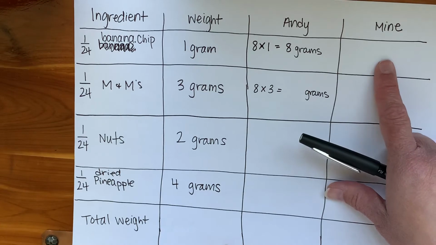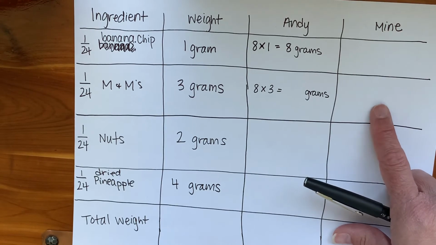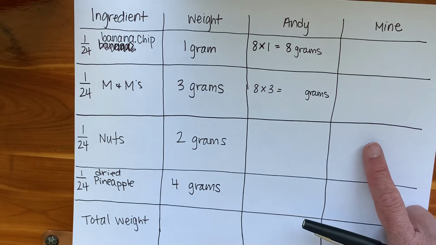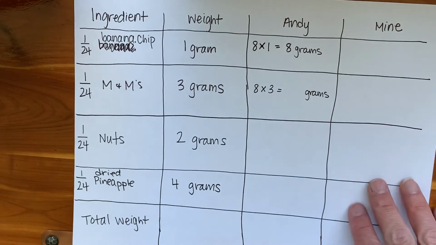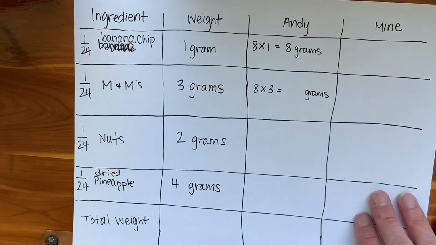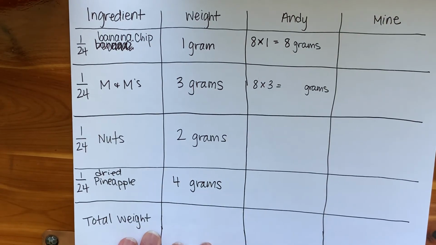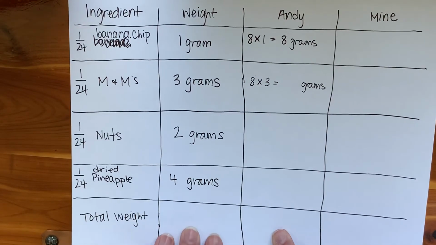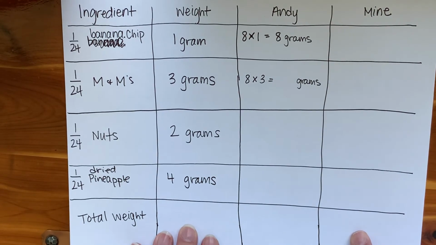How many 24ths did you have of banana chips, M&Ms, nuts, and dried pineapple? You're going to find how much Andy's trail mix weighed and how much your trail mix weighs. When you're done, you're going to find the total weight of Andy's and the total weight of your trail mix. It should be listed in grams.